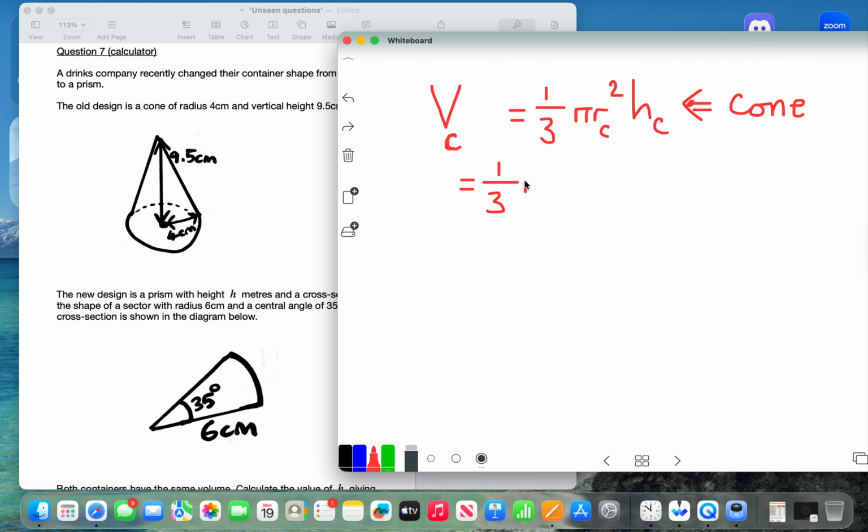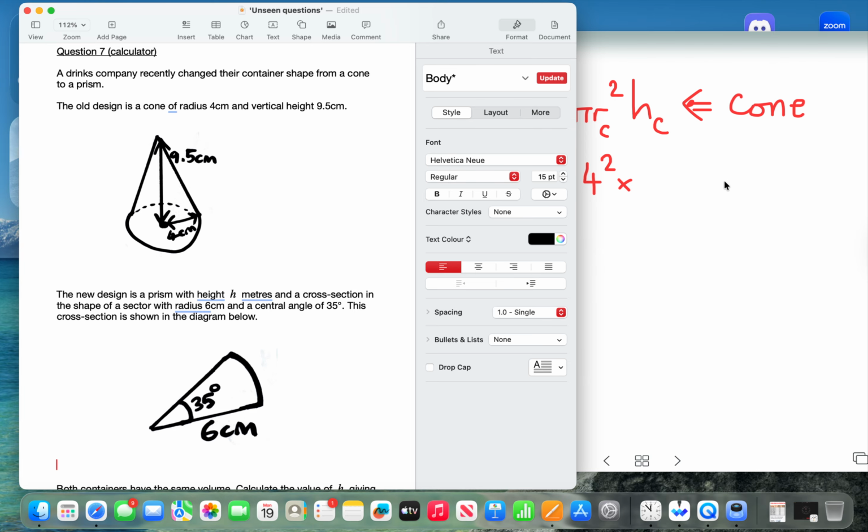Let's substitute, and make sure you keep pi as pi instead of using an approximation. Because it's the calculator exam, your best bet is to just put pi into the calculator instead of putting 22/7 or 3.14, unless the question asks you to, but this one doesn't.